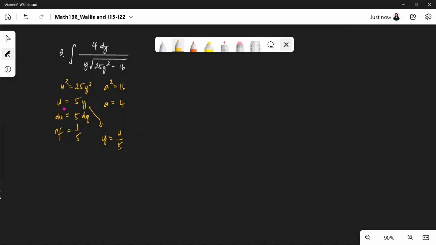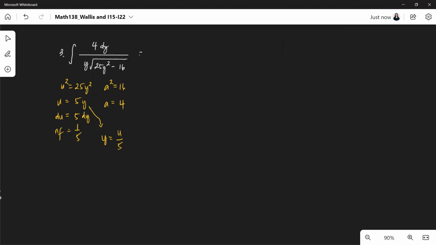So no problem with the 4, because again, it's a constant. According to, I think, property number 2 for indefinite integrals, you can just put it outside. And then don't forget the neutralizing factor 1/5. So dy becomes 5 dy, since we already placed the neutralizing factor outside.